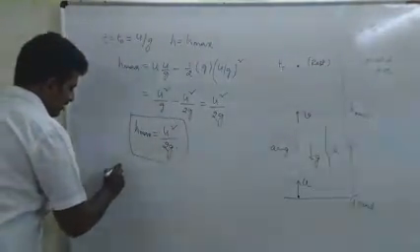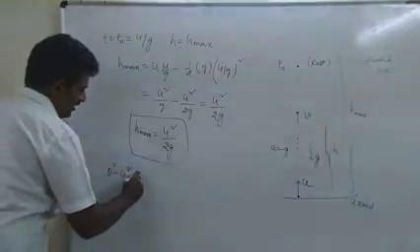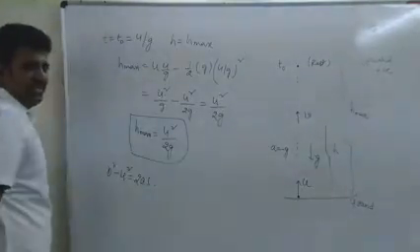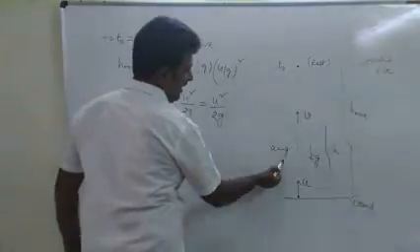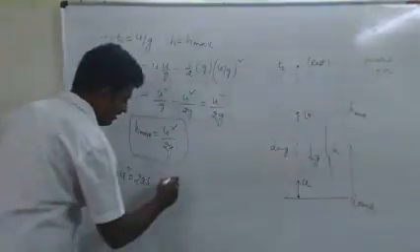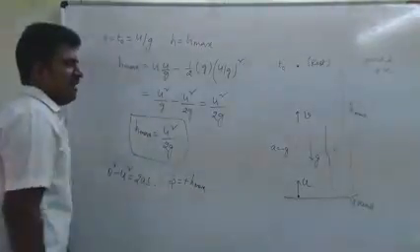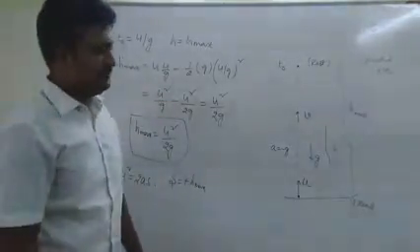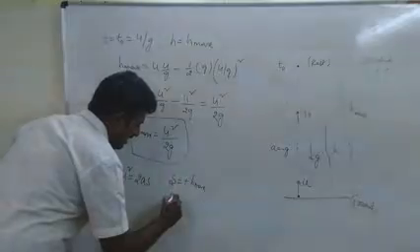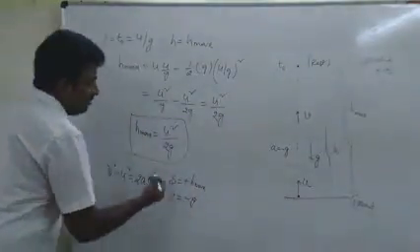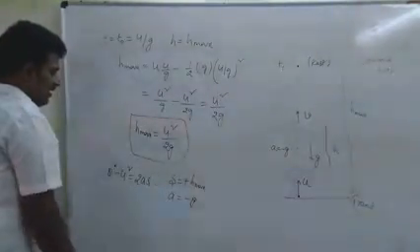That is, v square minus u square is equal to 2as. If I take up after traveling a height of h max, that is, s is going to be plus h max. Why plus h max? Because it is upward displacement. How much is a? a will be minus g. Why minus g? Because it is downward acceleration.